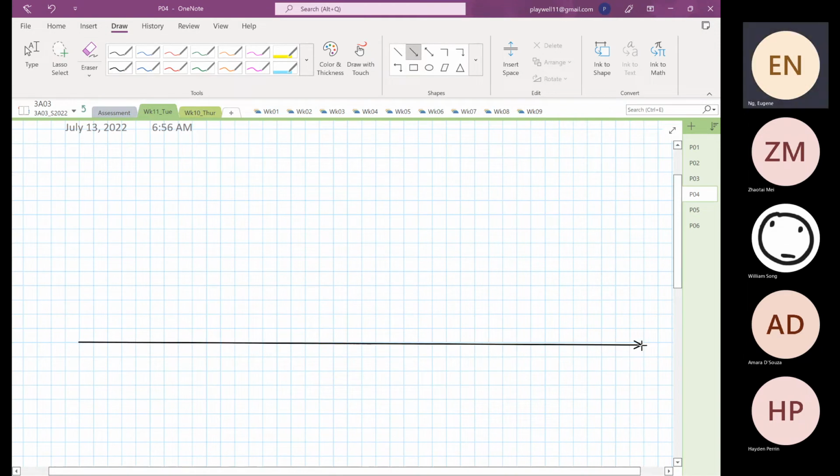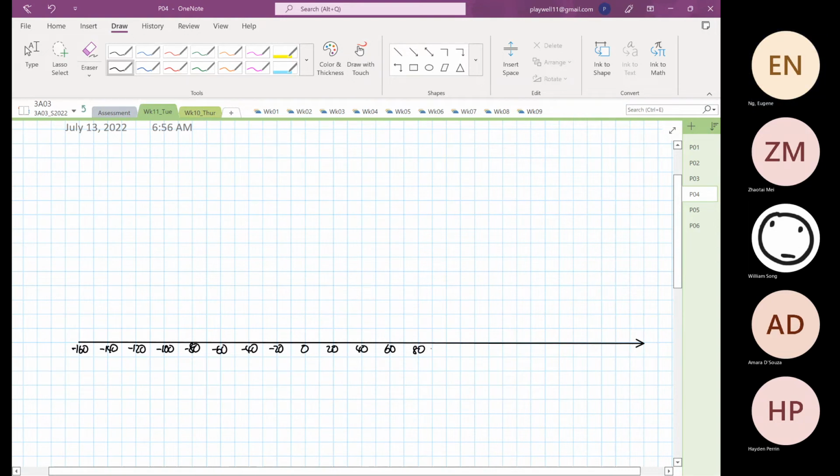I'm not going to draw it so big now because we know that the solution is correct. So I'm just going to limit the axis to minus 160, minus 140, minus 80, 60, 40, 20, 0, the same on the positive side, 100, 120, 140, 160. So this is our normal stress.